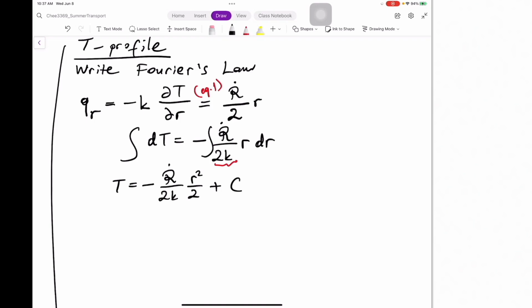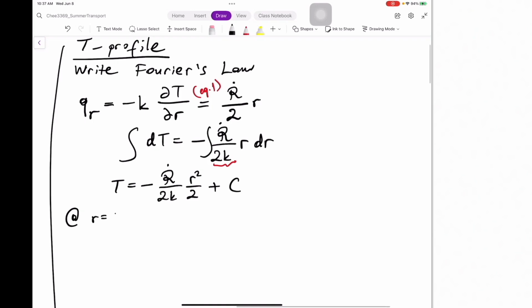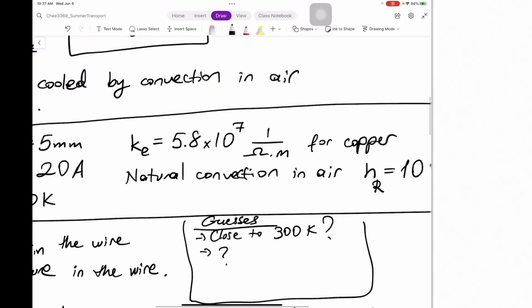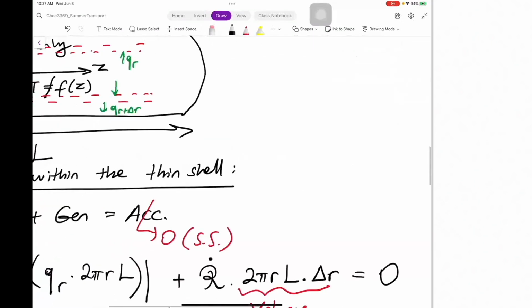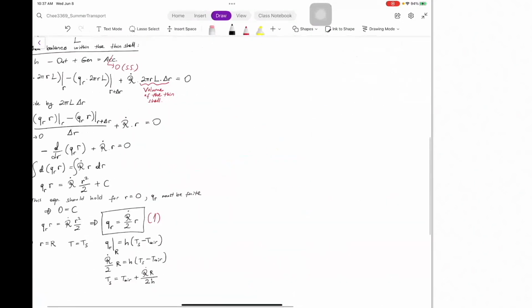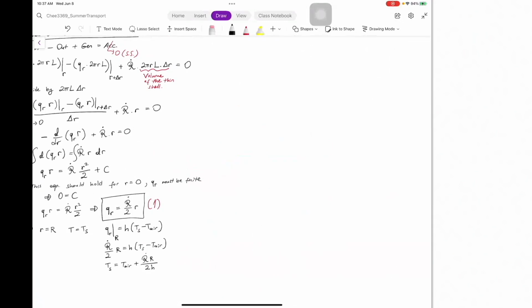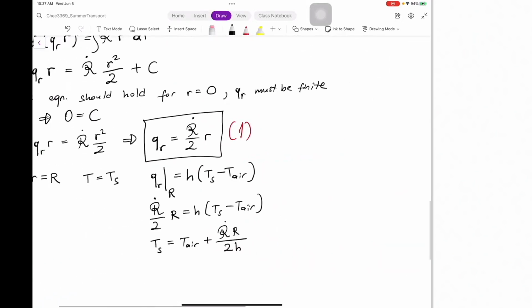What you can do is basically you can write down at r is equal to capital R, the boundary condition, T is equal to TR, which you already estimated here. We know the TR from this calculation, right? I call this TS, I'm sorry, let's call this TR.